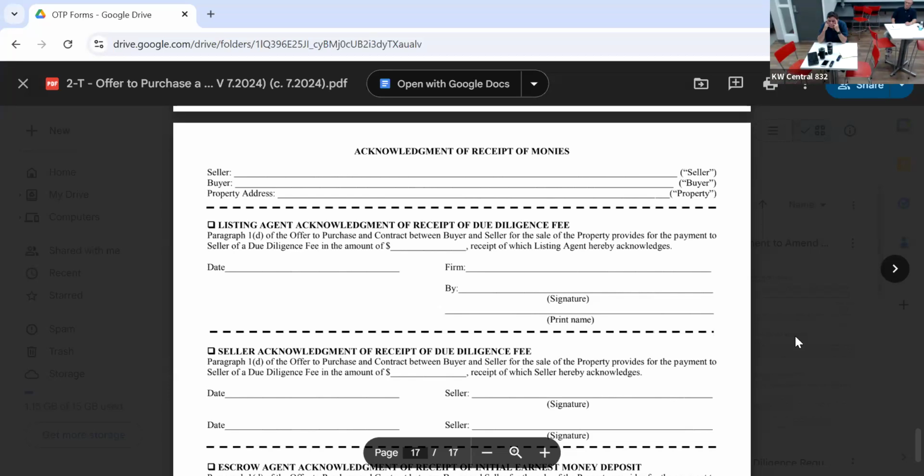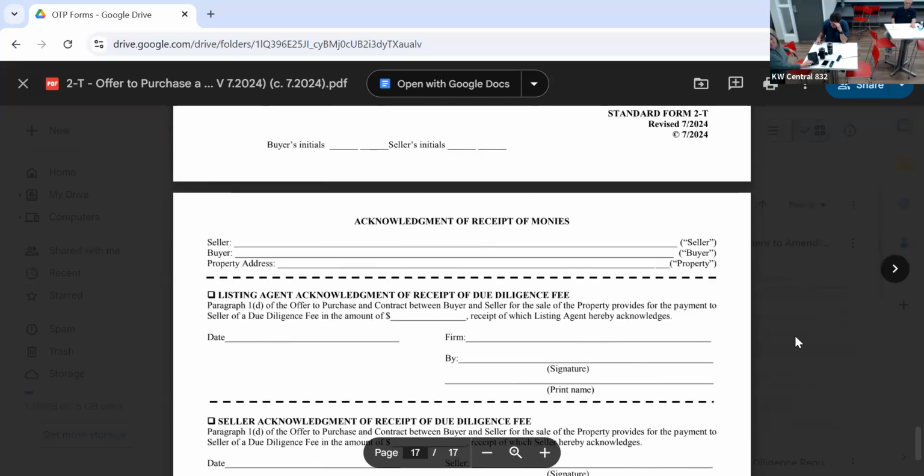So there may be instances where we wouldn't sign here, or they may have mailed it directly to the seller. So what I do is I just type in here, sent directly to the seller, so we're not signing for it. And then, of course, your seller does sign for it once it's received.